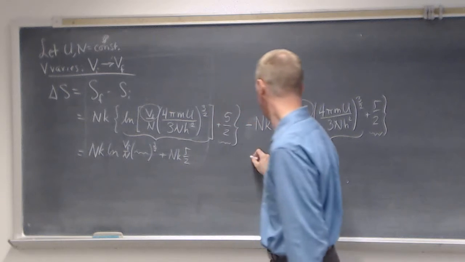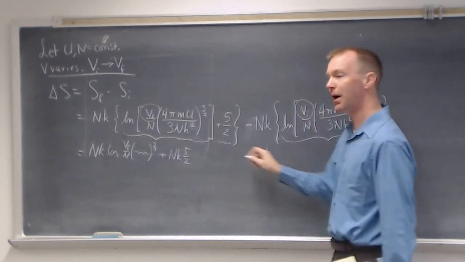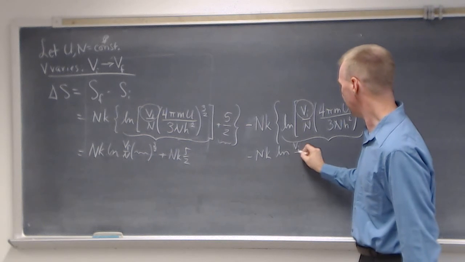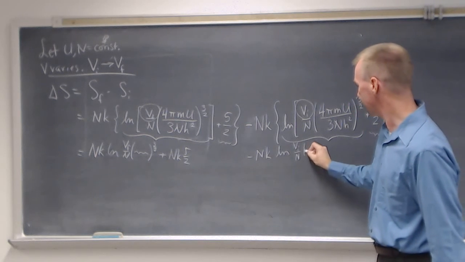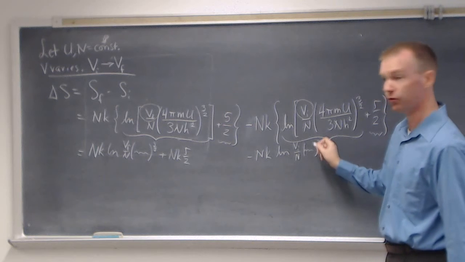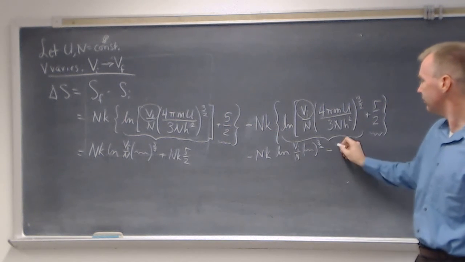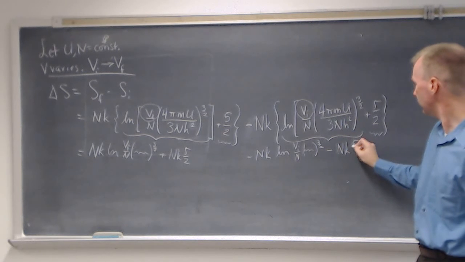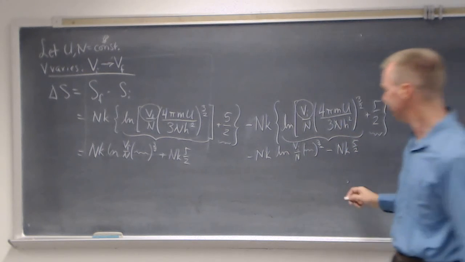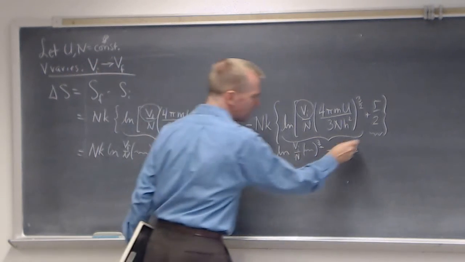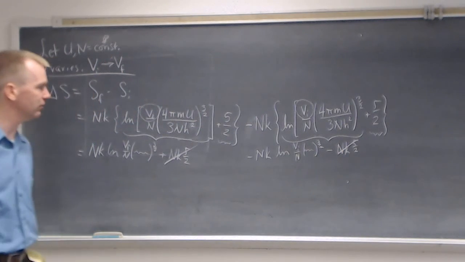Over here, I've got minus nk times the natural log of the initial over n times the stuff in parentheses to the 3/2 power. And then again the minus nk times 5/2. So we've got plus nk times 5/2, minus nk times 5/2, those cancel.